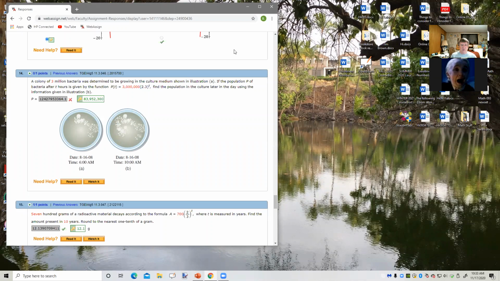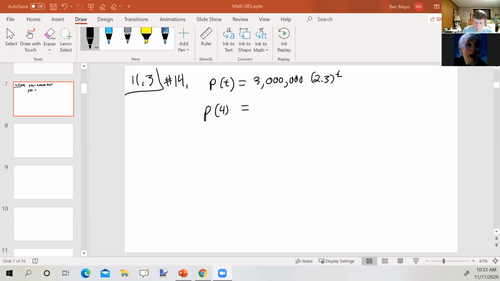Okay, so now going to our other screen, we need to find P of 4, which would be 3 million times 2.3 to the 4th power. Putting that in our calculator, 3 million.